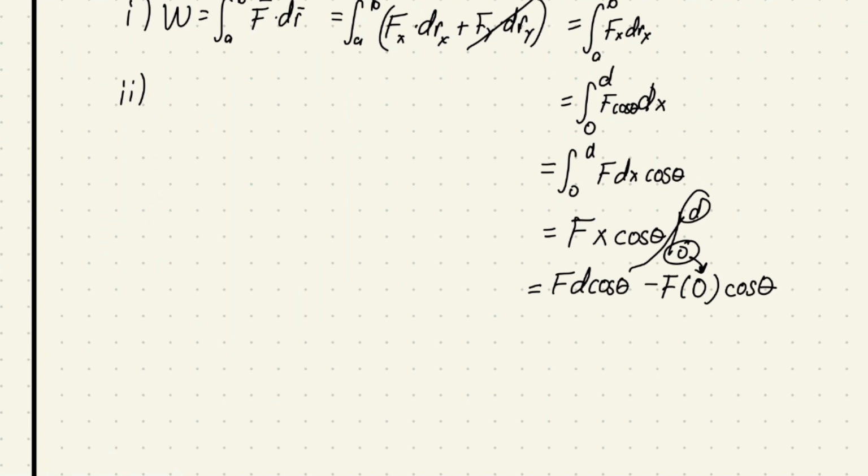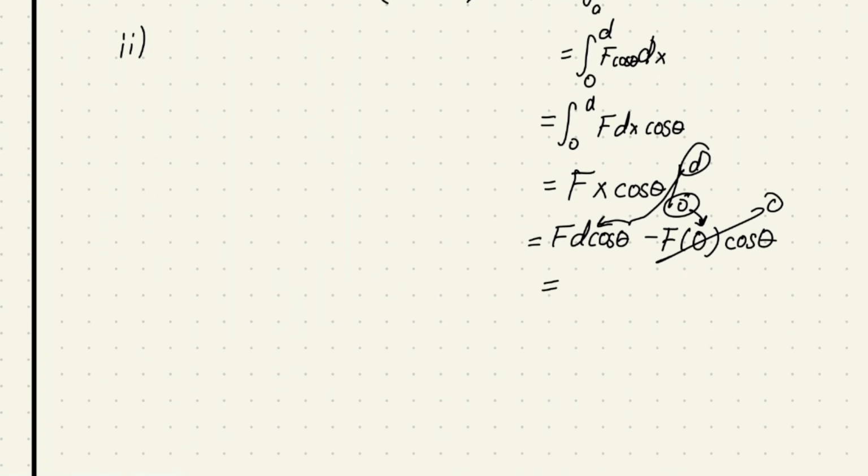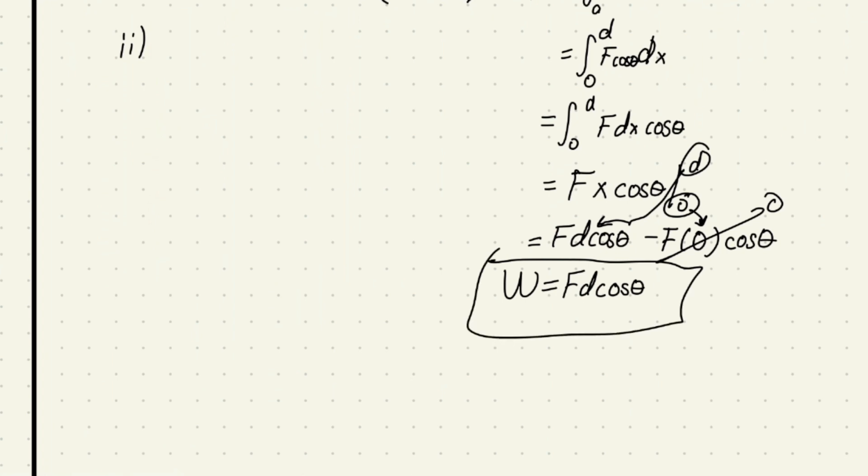My d limit goes down to here. So this second term, the negative term, is 0, and my result is f d cosine theta, which we said is work. So that's where that formula comes from, and this is really going to be the key thing that we will use to calculate work.